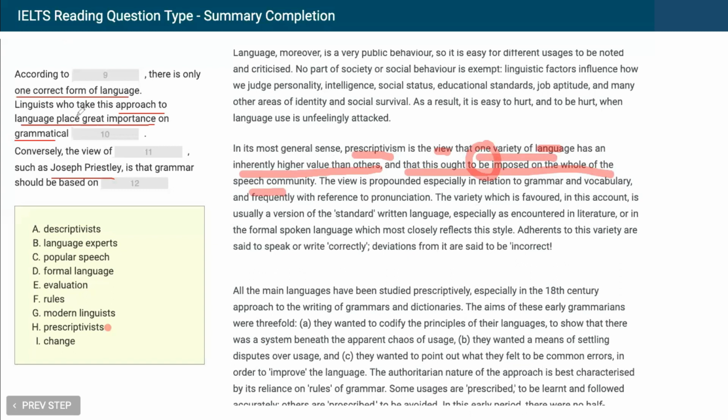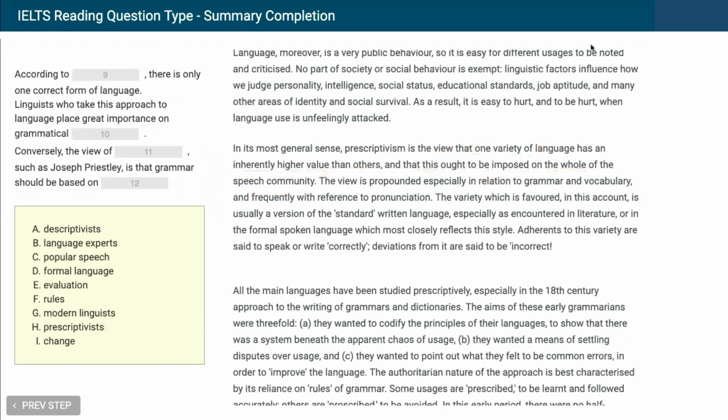You see how it will not be word for word. In fact, in this paragraph, we were not looking at prescriptivists, but it's included in this box because the test basically wants to understand if you can understand that 9 is proven correct by this information. So by reading this, it is true that prescriptivists believe there is only one correct form of language. All right, great. So then 9 would be H, prescriptivists.